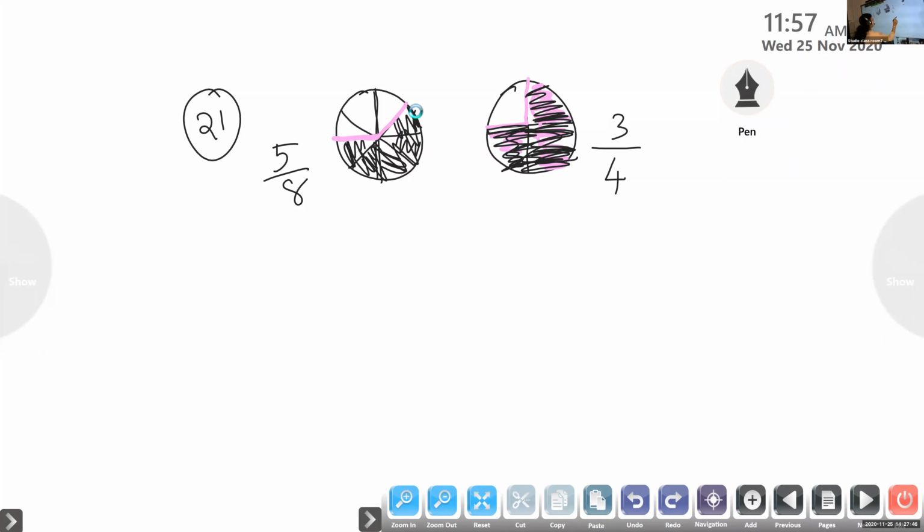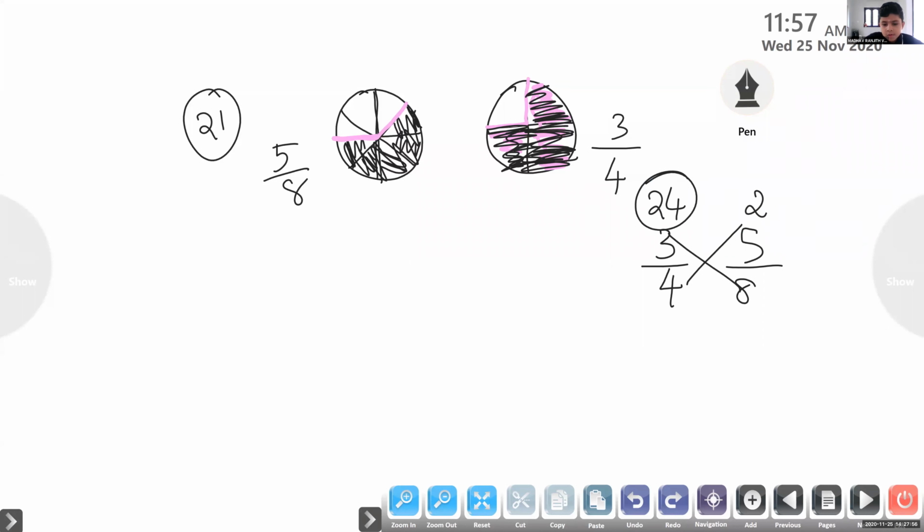Now you can use that other method I showed you, 3 by 4 and 5 by 8. Cross multiply: 8 into 3, 24. 4 into 5, 20. So which is big? 24. So 3 by 4 is greater.